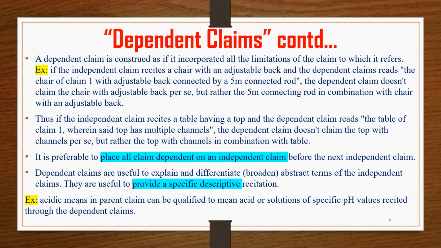The next point. Thus, if the independent claim recites a table having a top and the dependent claim reads the table of claim 1 wherein said top has multiple channels, the dependent claim does not claim the top with channels per se, but rather the top with channels in combination with the table.